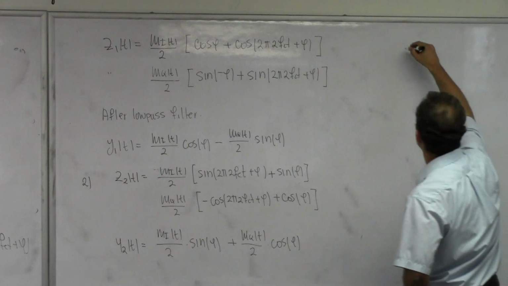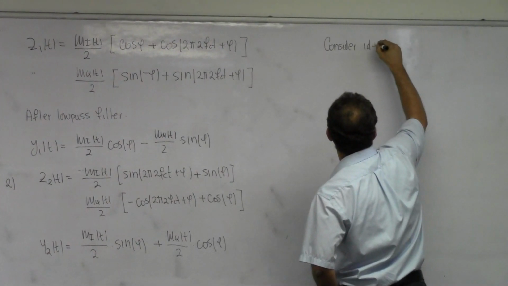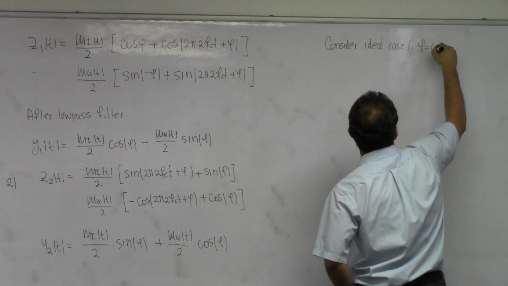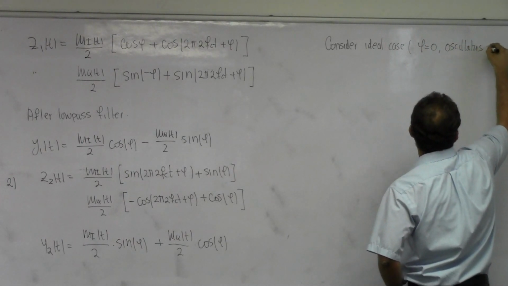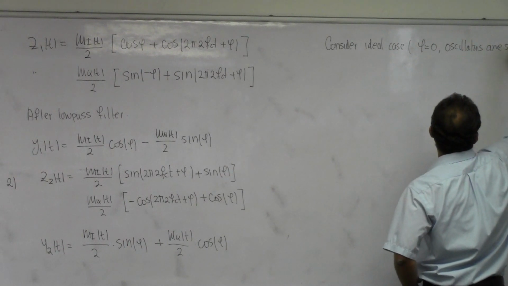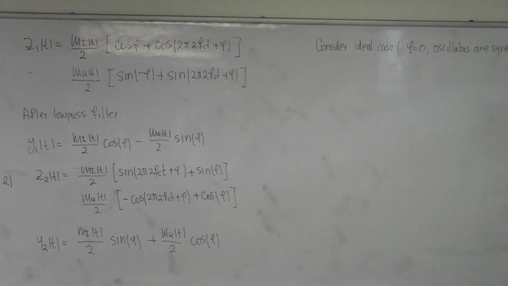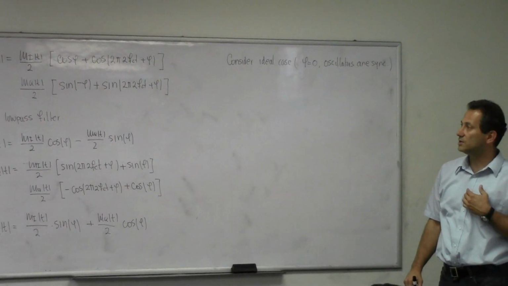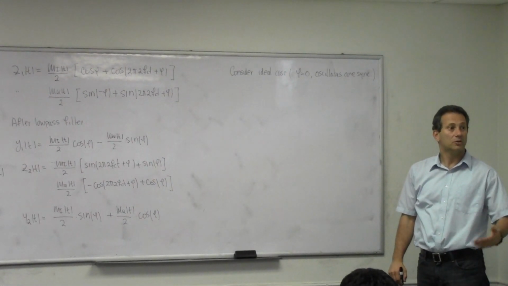Now, let's consider ideal cases, meaning phi equal to 0. Oscillators are synchronized. Okay? That's an ideal case. I have the phase difference between the locally generated oscillator and the oscillator of the modulated signal to be 0.